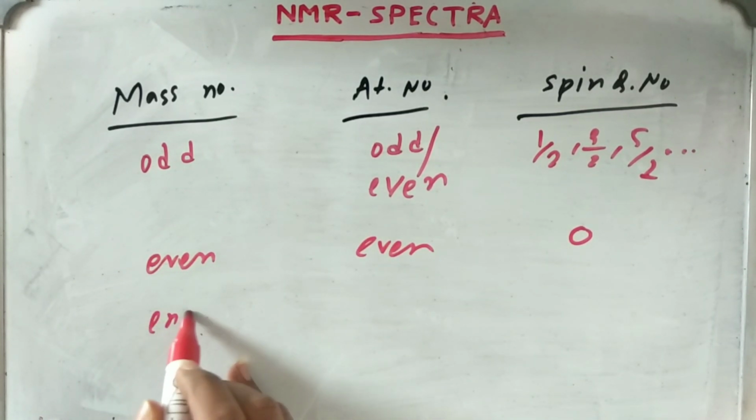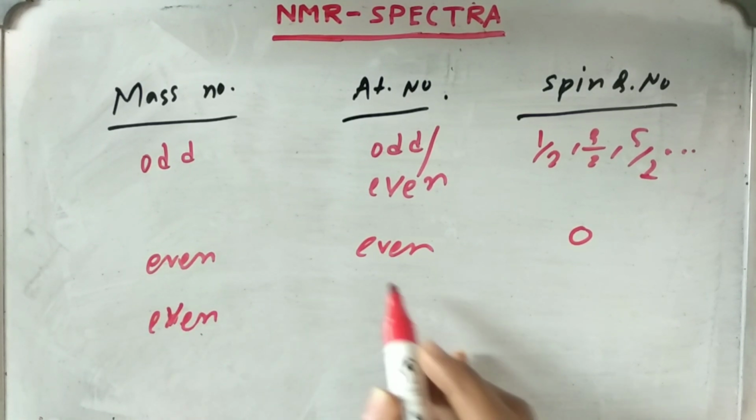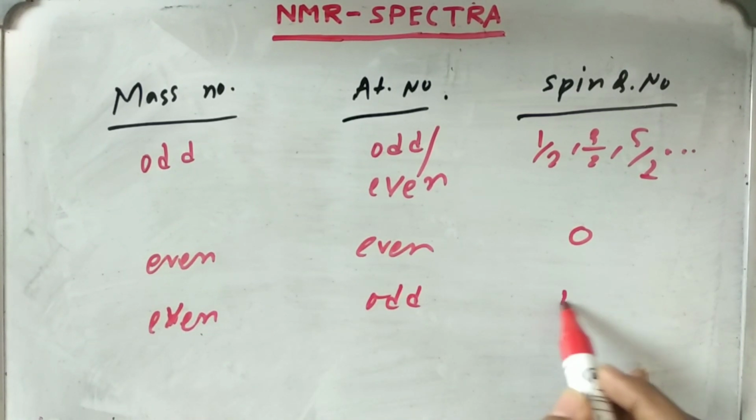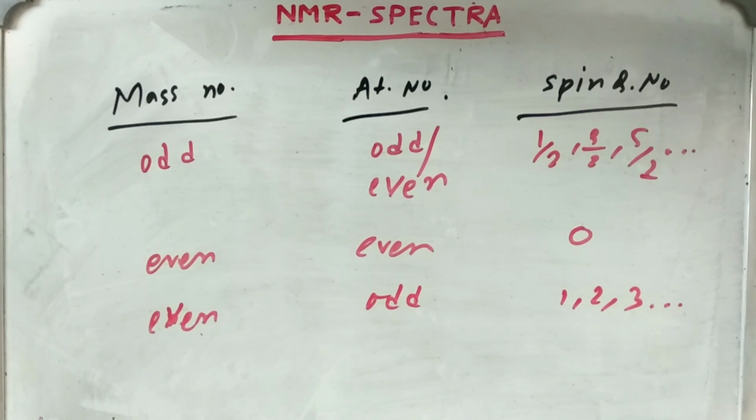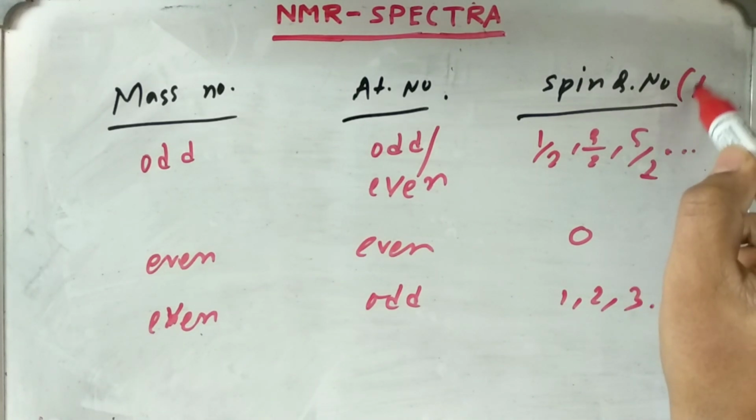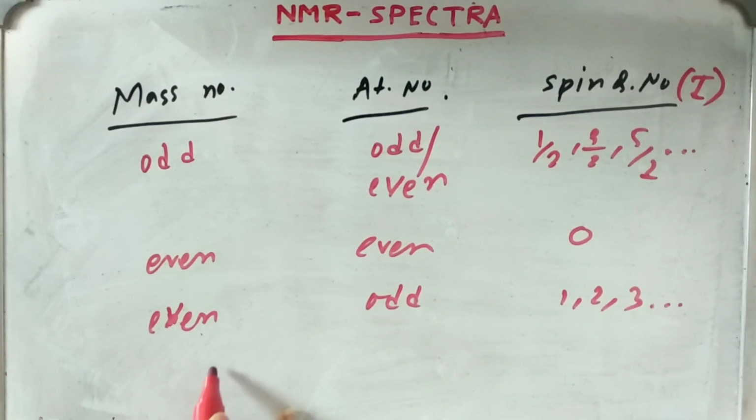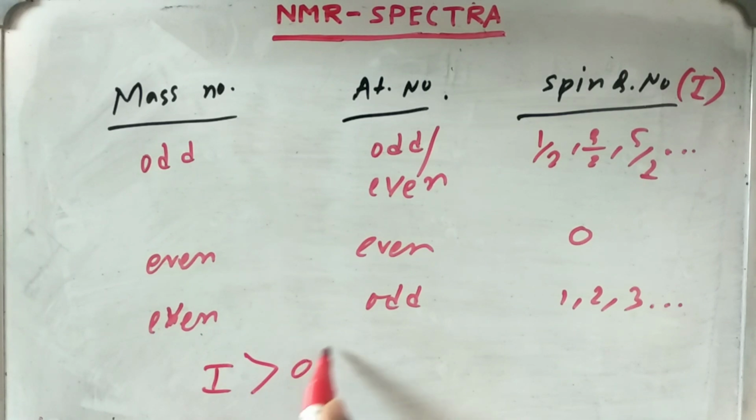And if mass number is even and atomic number is odd, that will have 1, 2, 3, any value. Just consider one thing: if spin quantum number, represented by I, is greater than 0, then the system will show NMR spectra. So I should be greater than 0.